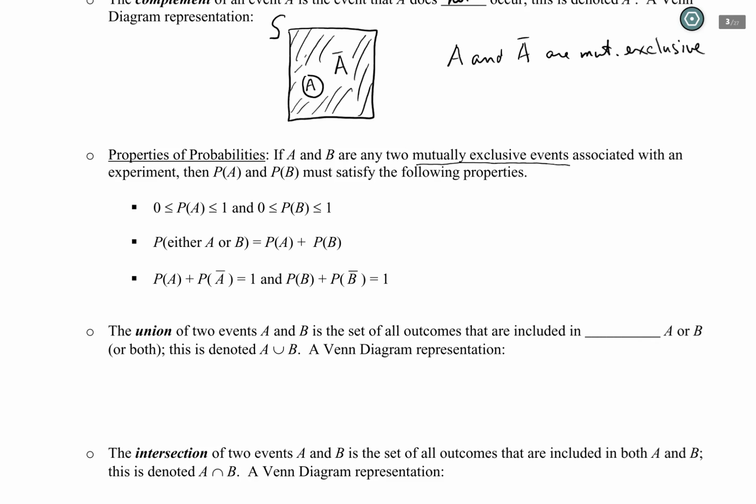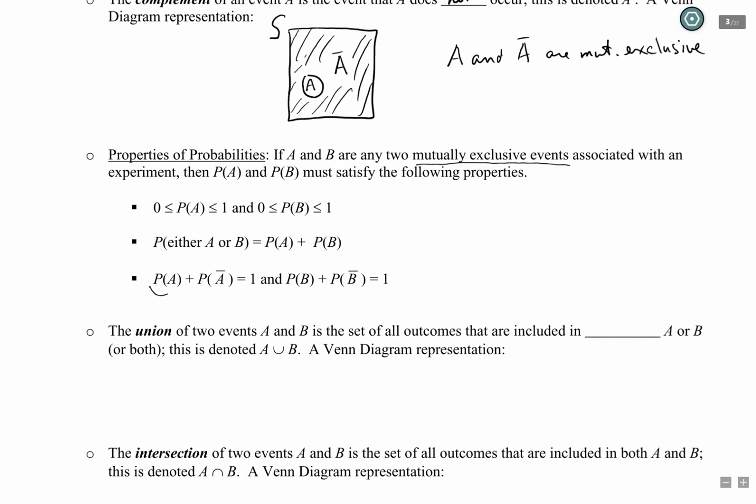The probability of A or B, we say either A or B, is the sum of the probability of A and the probability of B. And then thirdly here, the probability of A plus the probability of A complement equals 1. And similarly with the event B.